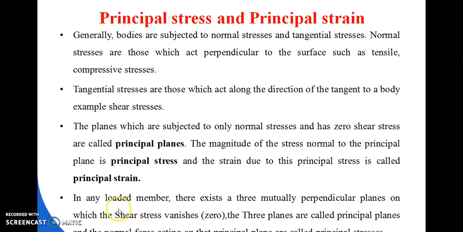That means if the body is in 3D, then the combination of normal stress and tangential stress will act. The normal stress will act along the x-axis and y-axis, and the tangential stress will act along the xy plane. Okay, so in the diagram you can understand very well.